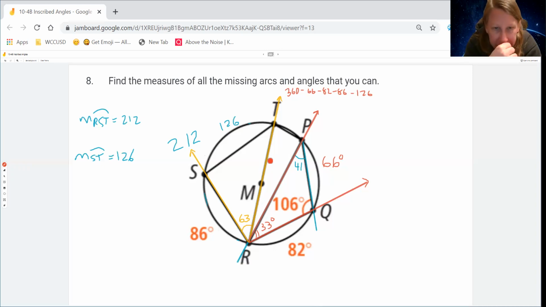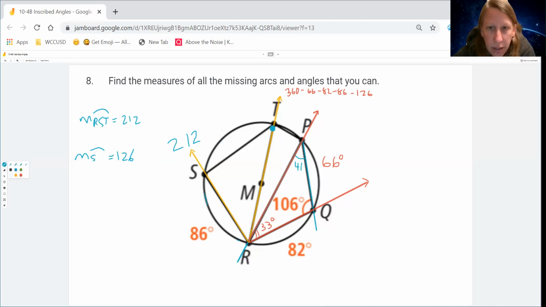Oh, did the 126 actually go to P? The 126 actually went to point P. Okay, so I've made a mistake. Darn it. ST is not 126. SP is 126. That means this one was wrong.